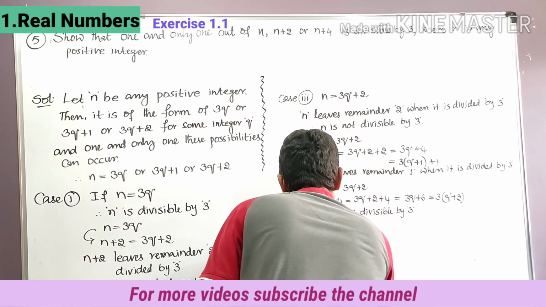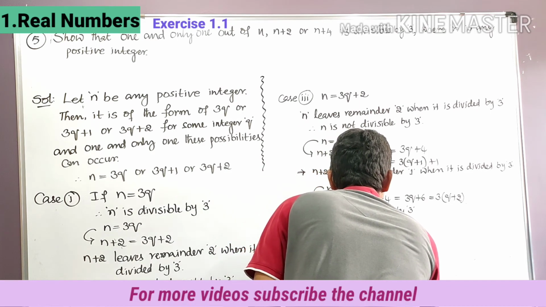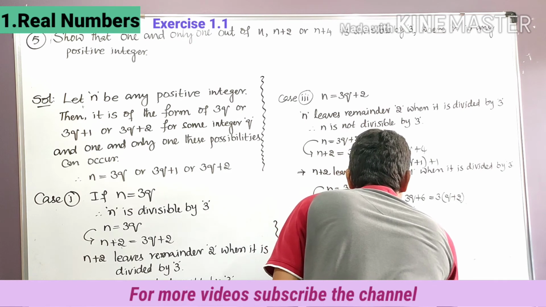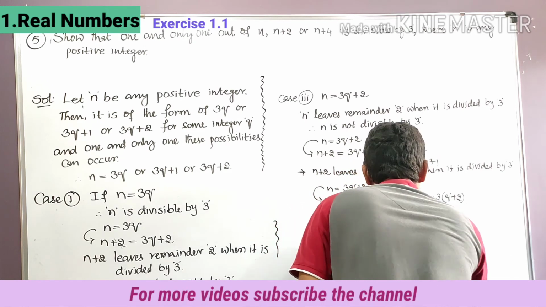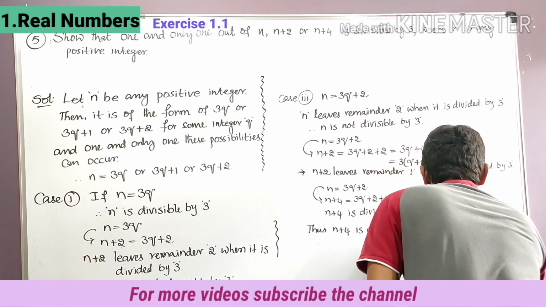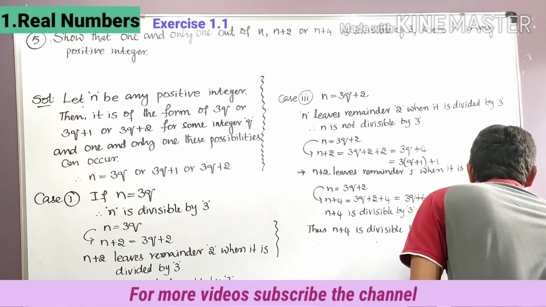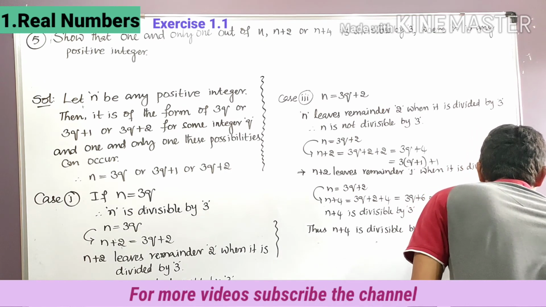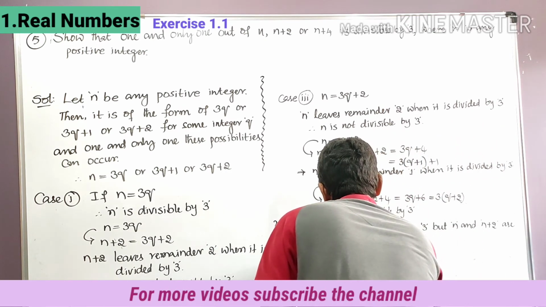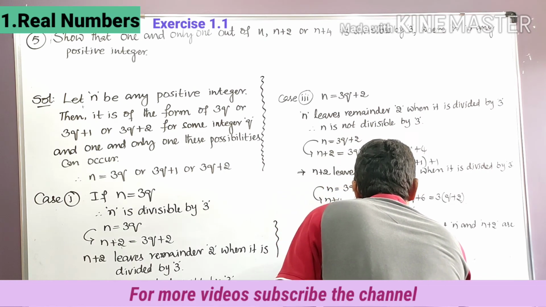Therefore n plus 4 is divisible by 3 but n and n plus 2 are not divisible by 3.